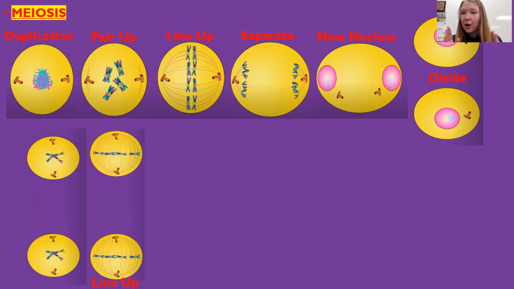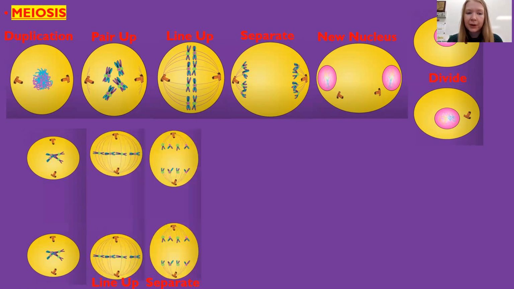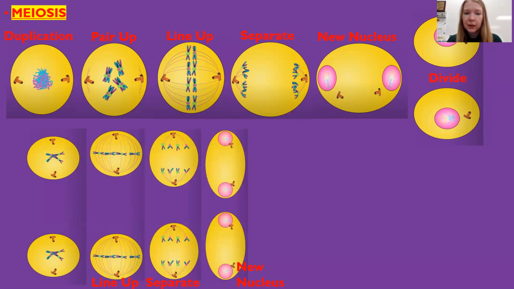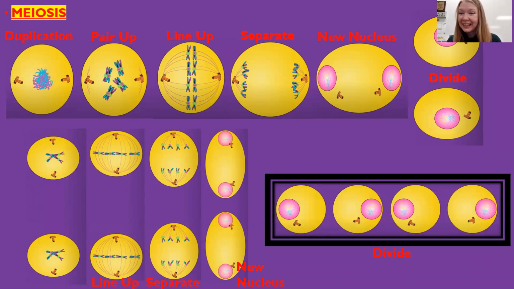So the chromosomes now line up in the middle. They separate out to separate sides of the cell. New nuclei form over these chromosomes. And at the end, you are left with 4 gamete cells that are all different and have 23 chromosomes as opposed to 46.